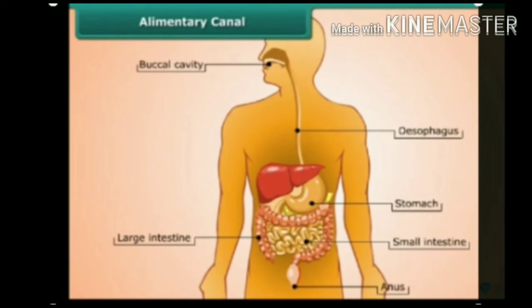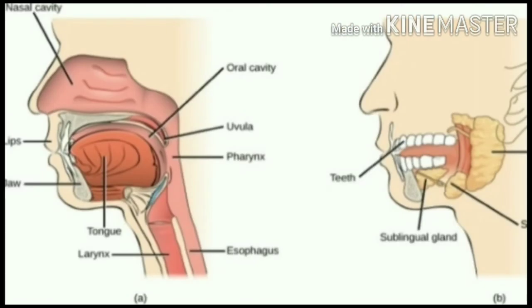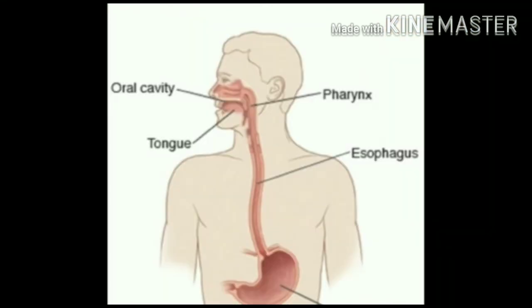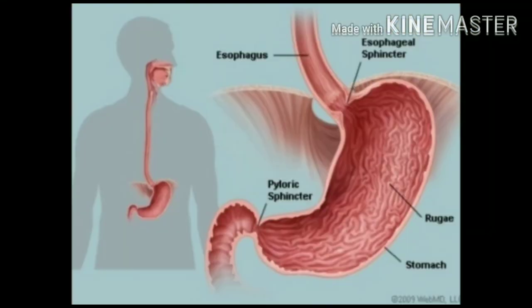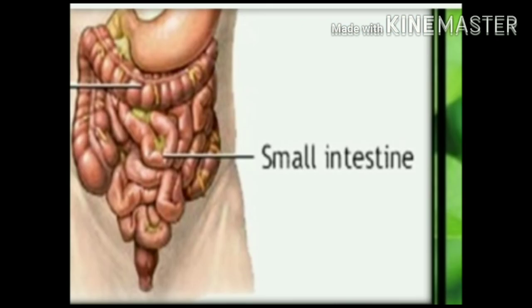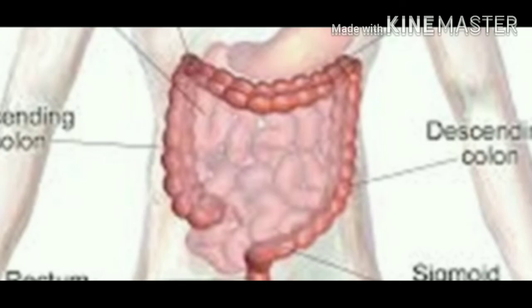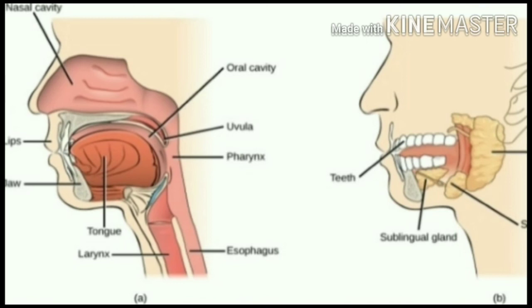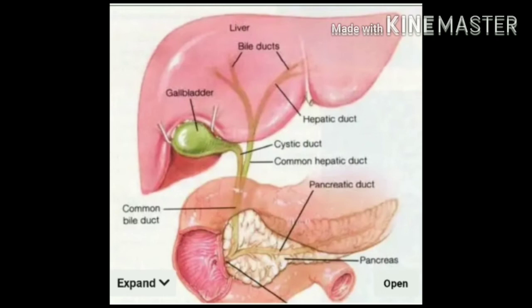The alimentary canal can be divided into various compartments like mouth or buccal cavity, food pipe or esophagus, stomach, small intestine, large intestine, and the associated glands like salivary glands, liver, and pancreas.